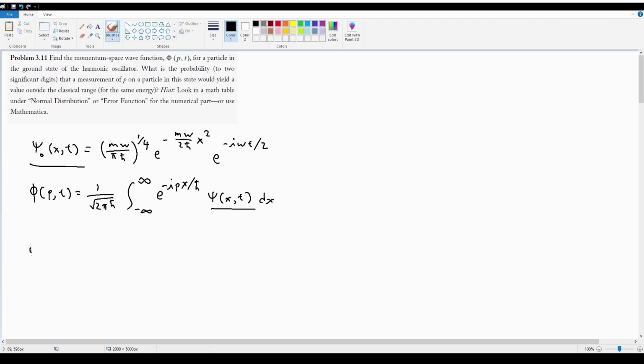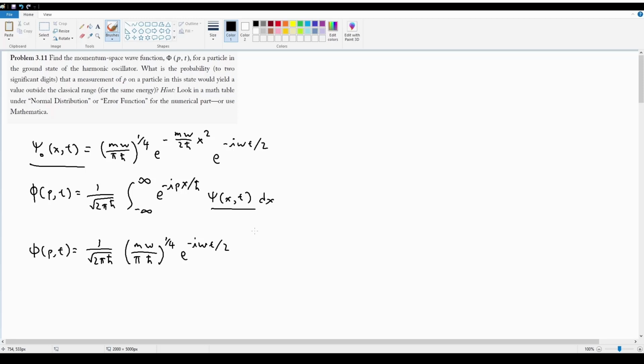So let's plug that in. This is going to give us phi of p comma t equal to, so let's move everything out. First off, this constant at the front, 1 divided by the square root of 2 pi h bar. And then we're going to move the constant out as well, so multiplied by (m omega divided by pi h bar) to the power of 1/4. Next, the complex exponential, e to the negative i omega t over 2.